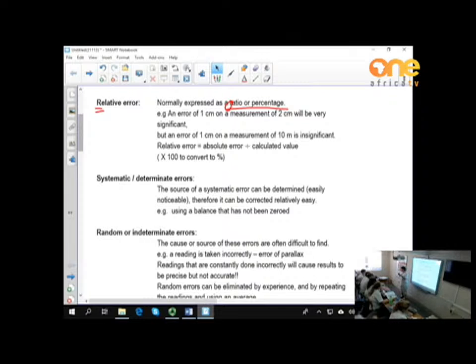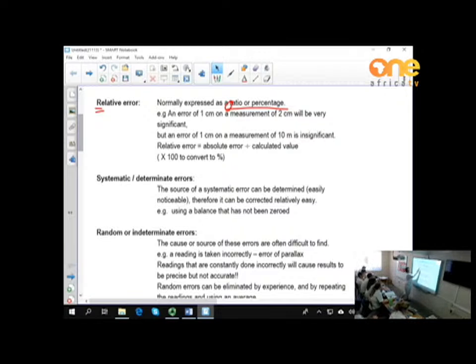If I say to you, take your rubber and measure the width of your rubber, the error is quite large. You follow me? Because being out 1 millimeter on 15 millimeters is quite a large error. But being out 1 millimeter on 400 millimeters, it's so small, it's actually negligibly small. Do you understand? And that is what they mean by a relative error.